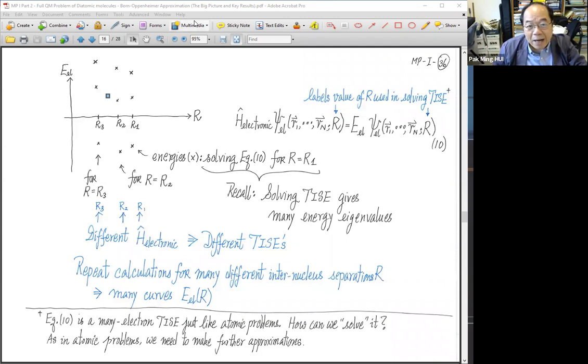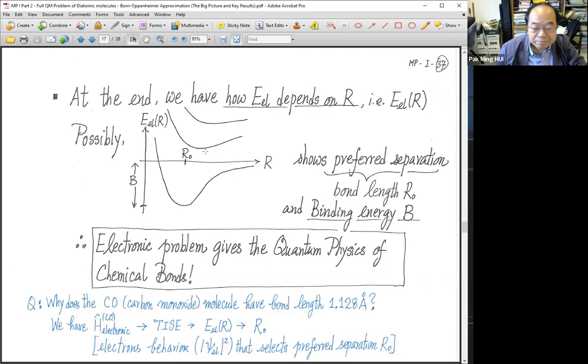Now, after you have a big computer to do that for many different values of R, here's the magical moment. You join up the values, and you will start seeing some energy profile provided by the electron's behavior.